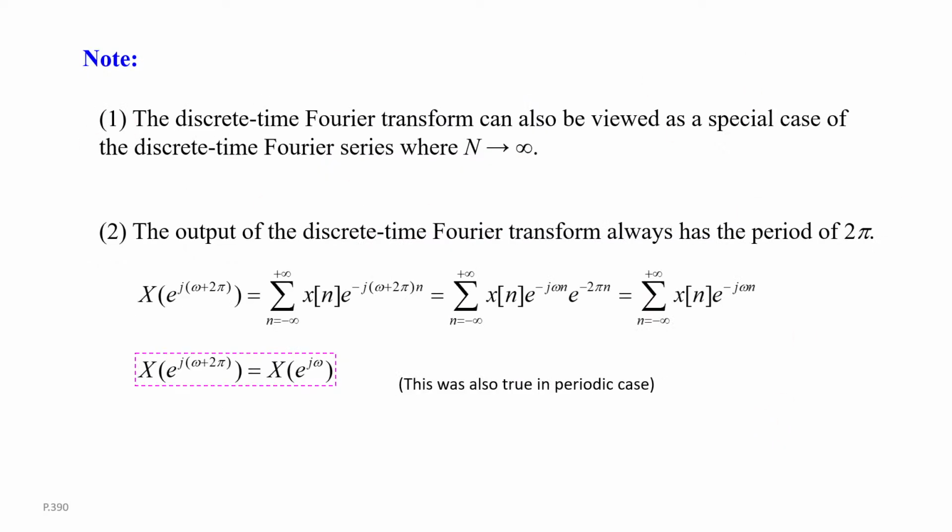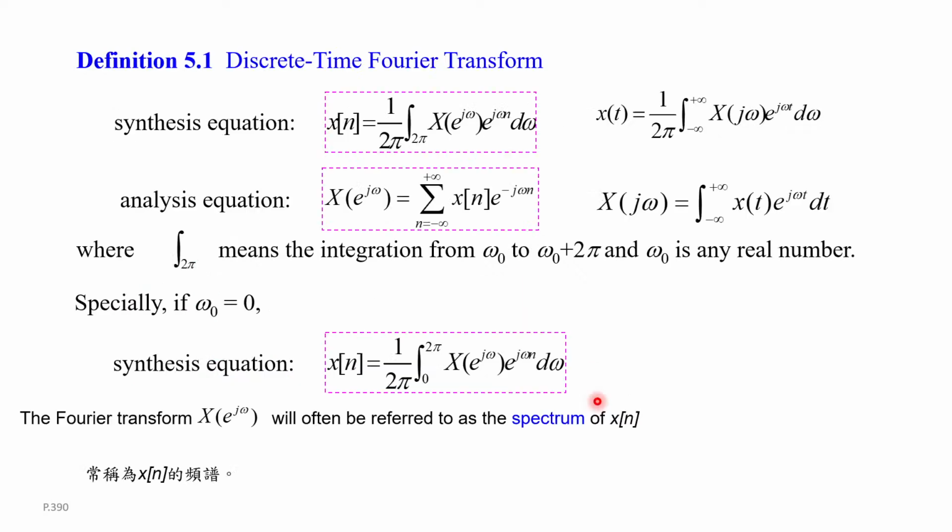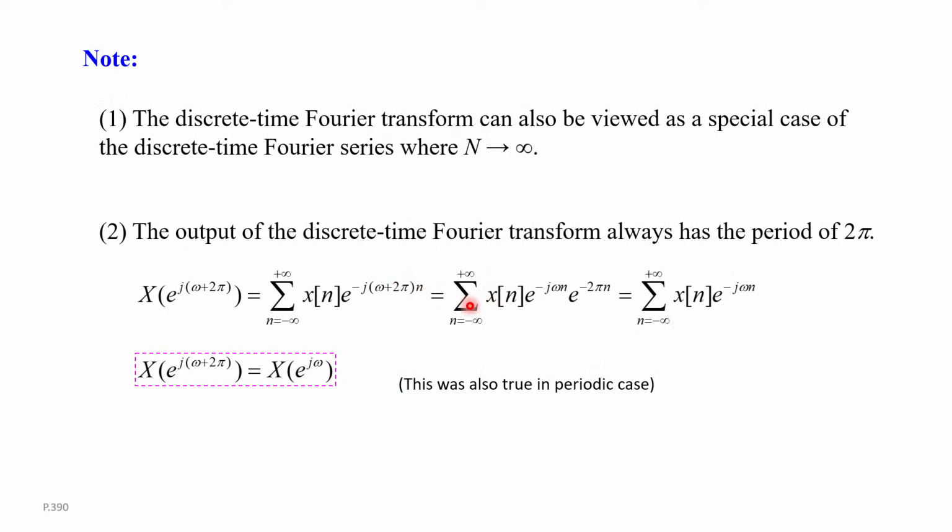Our derivation says that we derive our Fourier transform by taking big N to infinity. Another thing we have emphasized quite a bit: if you have a discrete-time signal, then your spectrum is periodic with period 2 pi. We can derive it once again here. If you think about big X at omega plus 2 pi and plug it into this analysis equation, you get an extra 2 pi here.